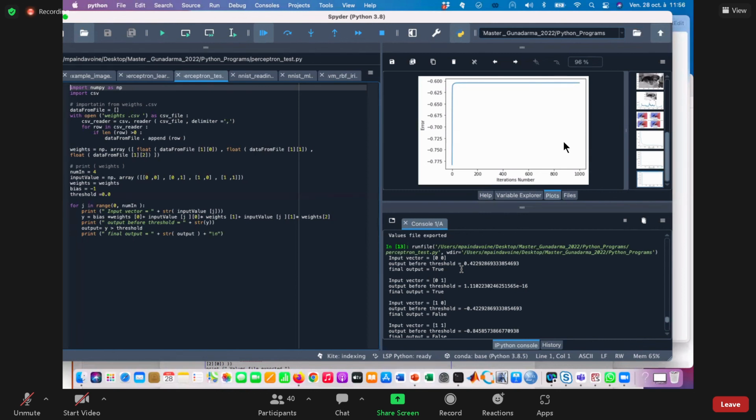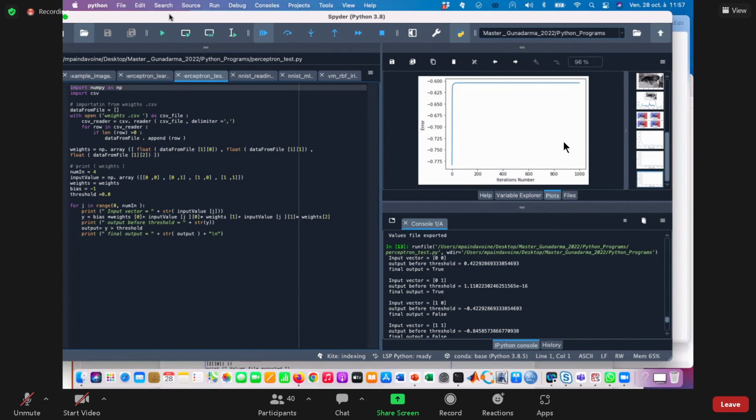Here it means that it's true. In this case, it works. But here again, there is a mistake, because as we have a different input, normally we should have the true output. Here, the output of the perceptron is false. So in this case, we cannot learn the XOR function with the perceptron.